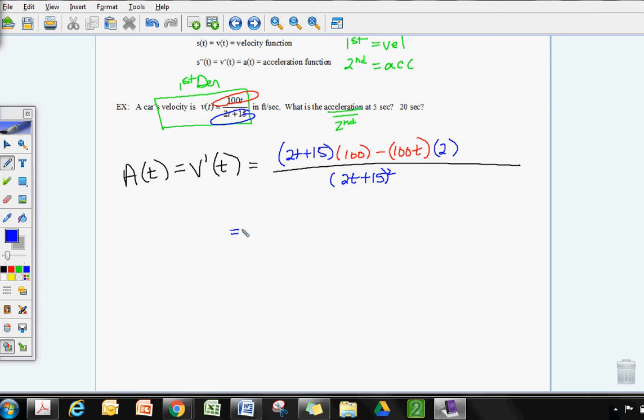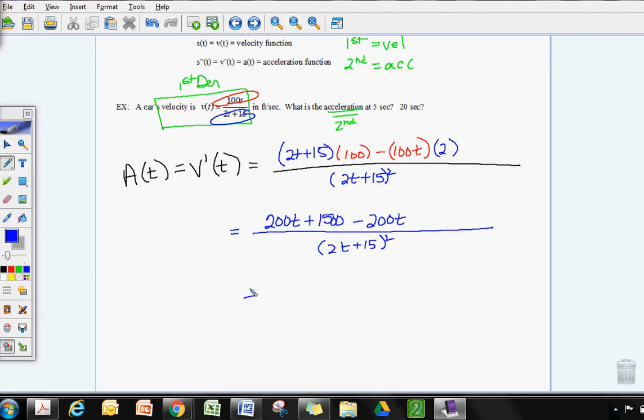Low d high minus high d low. Square the bottom, 2t plus 15 quantity squared, and away we go. Okay, so that's the calculus. Now, for the algebra, do your distributing. 200t plus 1500 minus 200t all over 2t plus 15 quantity squared. Okay, that's my formula now.